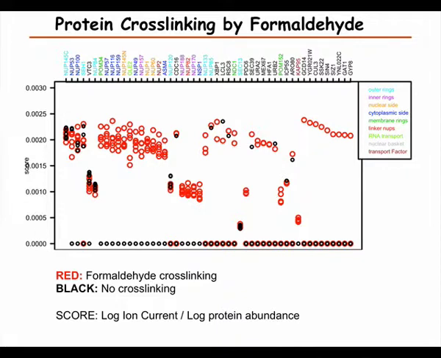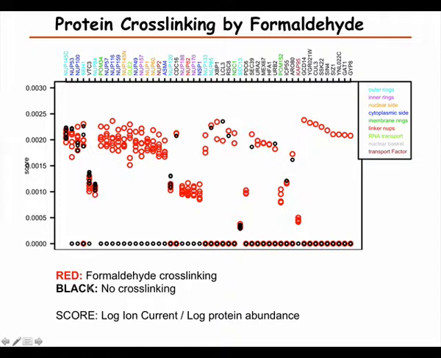So this is just one example from the nuclear pore complex again. The black are when we don't do any cross-linking. The tag here is on Nup84, which is part of the outer ring. So when we don't have cross-linking, we see mainly other outer ring proteins that correspond to these black.